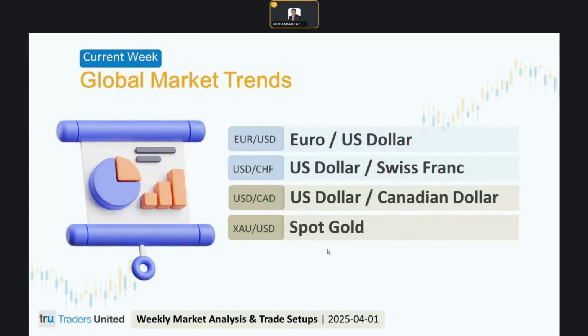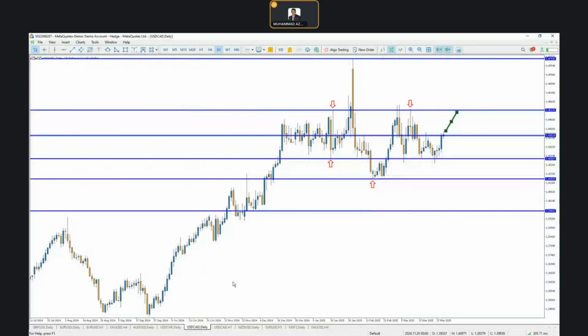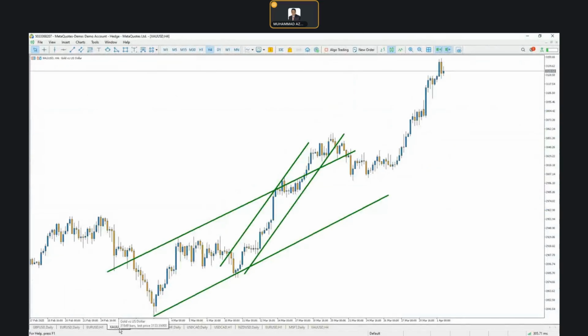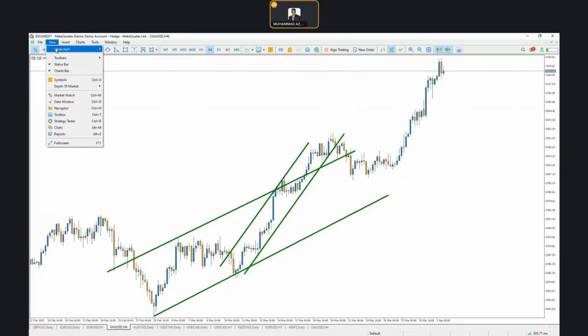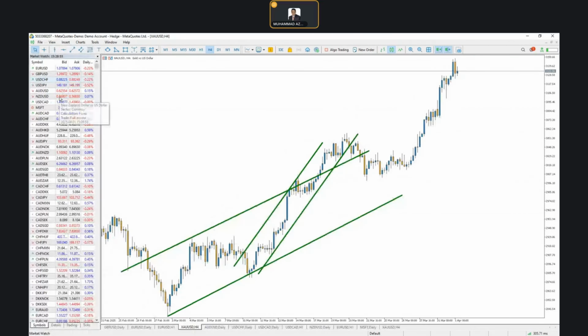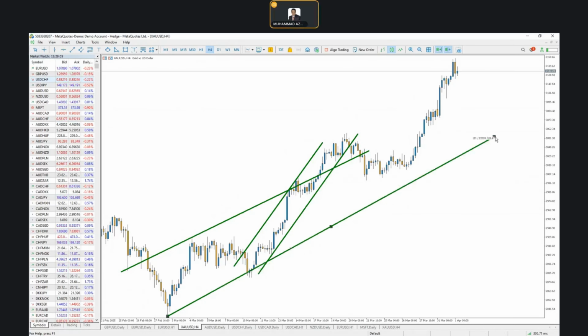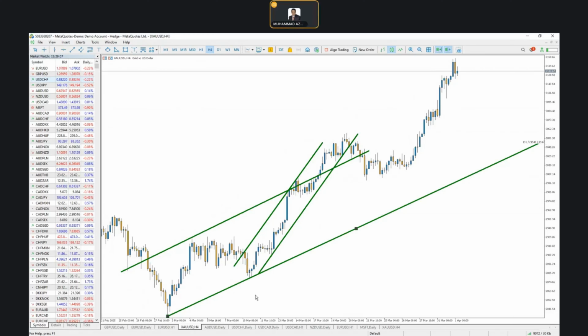Next one is spot gold. Okay, let's take a look at the spot gold chart over here. Now, last time when I was doing the analysis, I talked about two bullish trend channels in spot gold, and down over here we have our base channel. Let me adjust the trend lines.